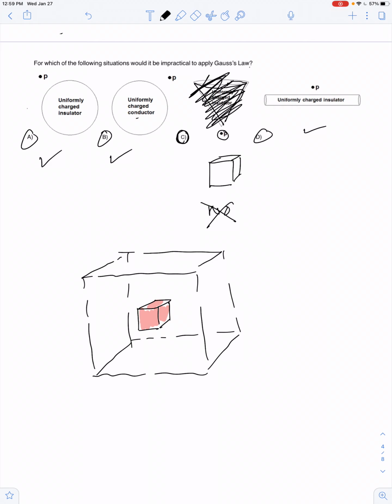Well, the electric field that comes out of here will point radially outward in all directions. Hey, so far so good. If I break this up into little patchwork, that little bit of area and the electric field are parallel. It seems like maybe this is going to work out.